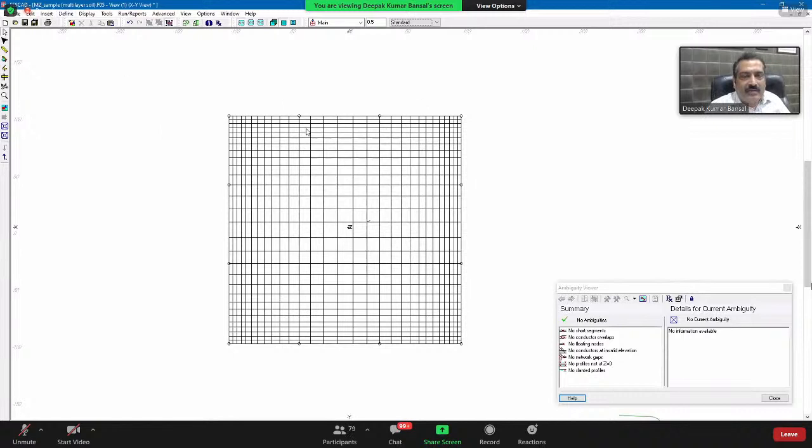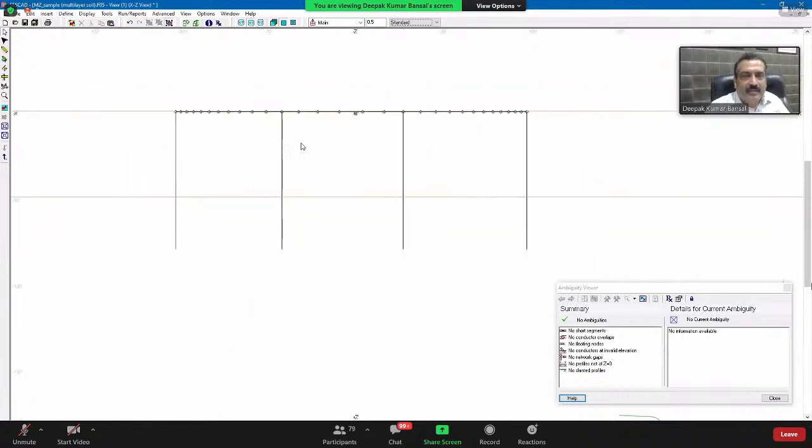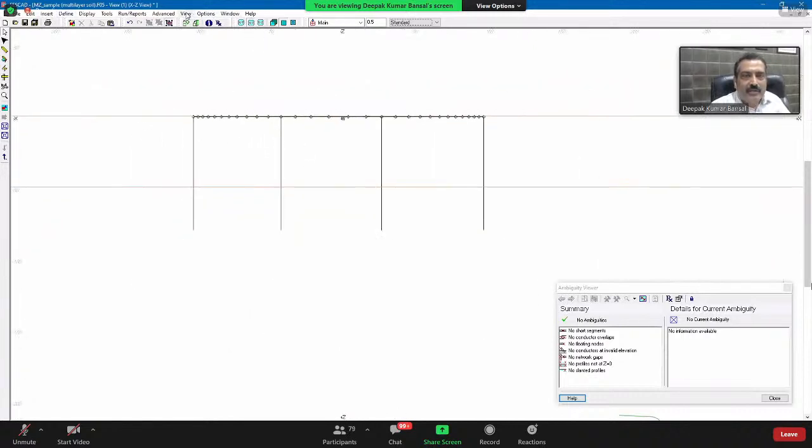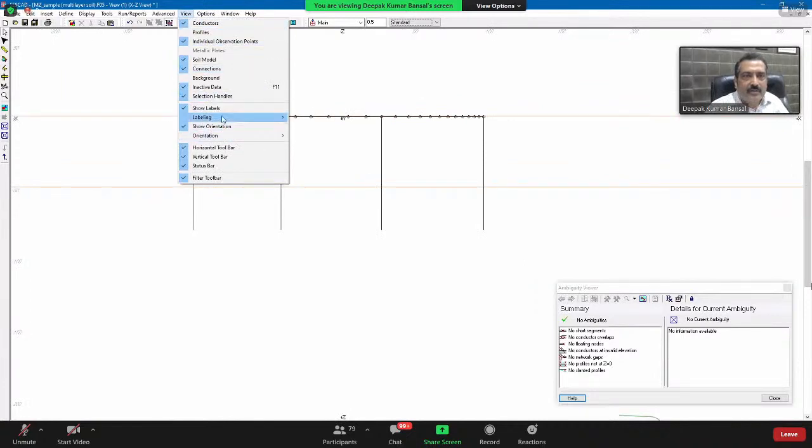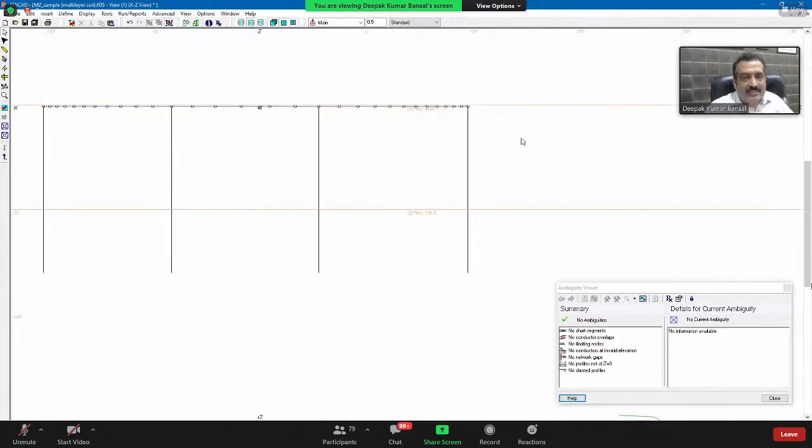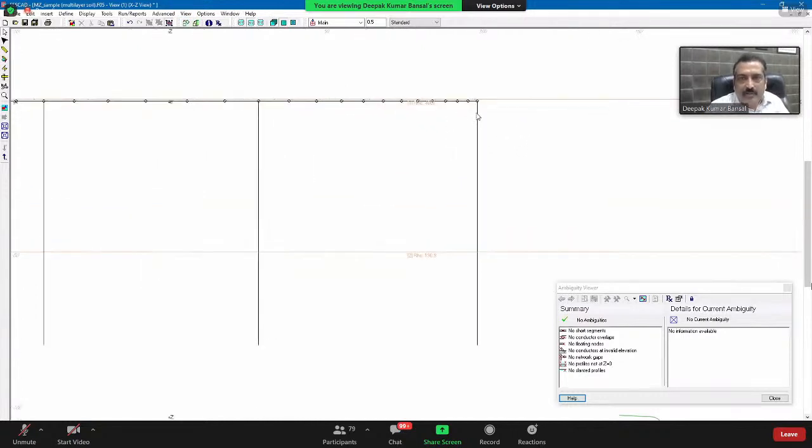Now we have created a grid, and you can see the soil model here, labeling soil data. So it's the side view of the model, where we have put some conductors, ground rods, and these are the horizontal conductors.